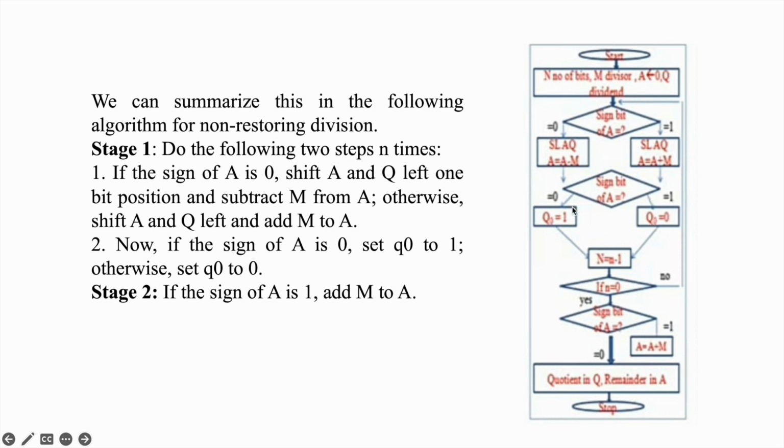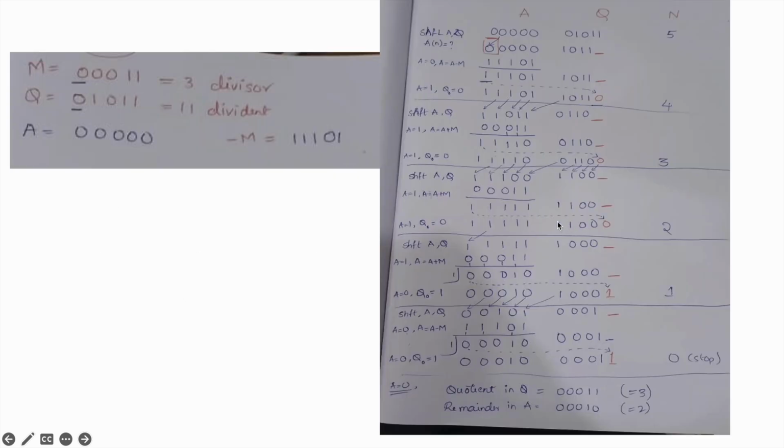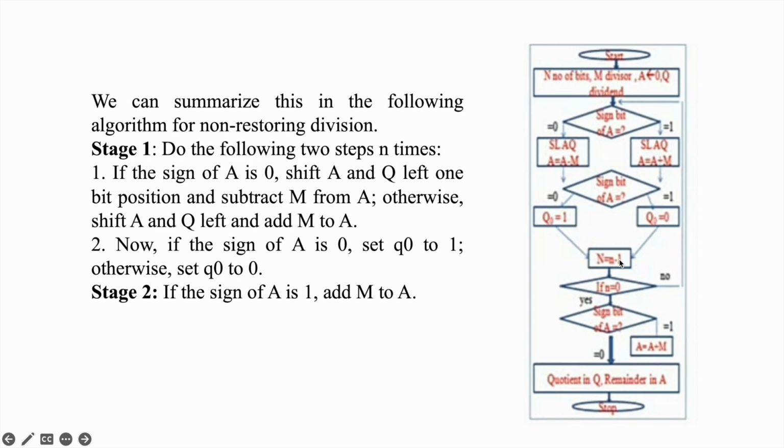If the sign bit is positive, we take the quotient bit as 1, and we repeat this n times. If n is 0, we stop the loop, and as the final step, if the sign bit is 0, nothing is performed. If the sign bit is 1, we add the M value as a last step. So that is restoring for the last time.